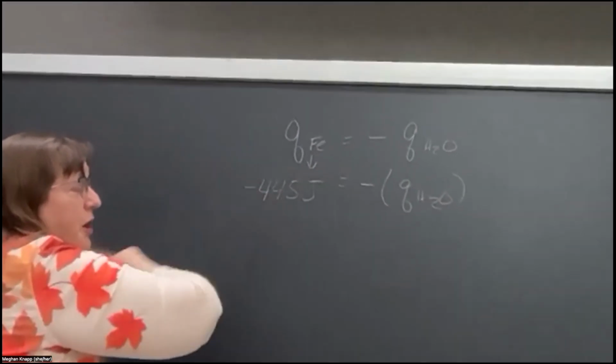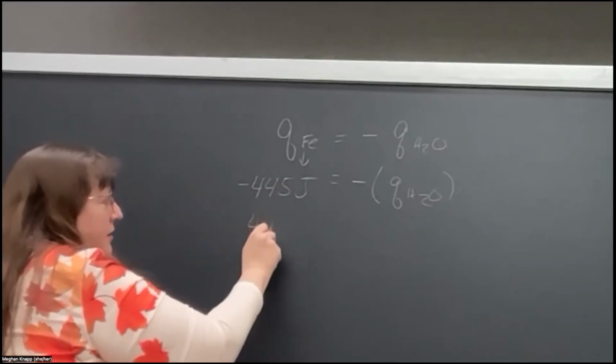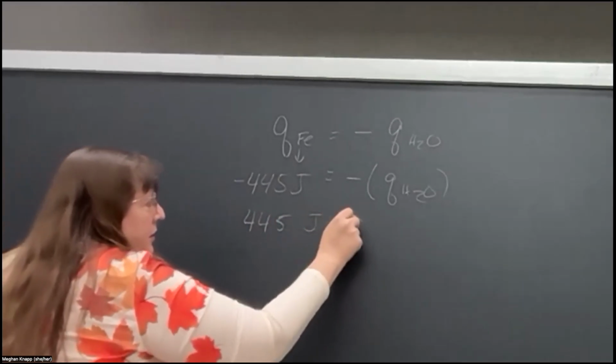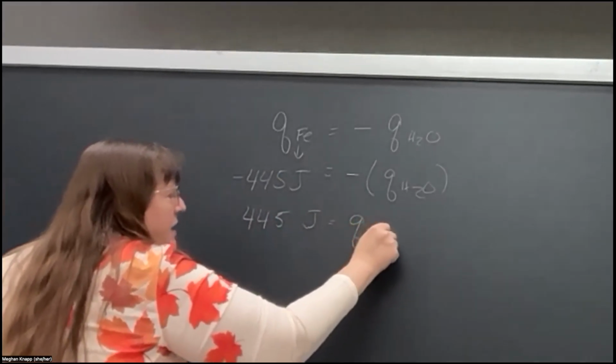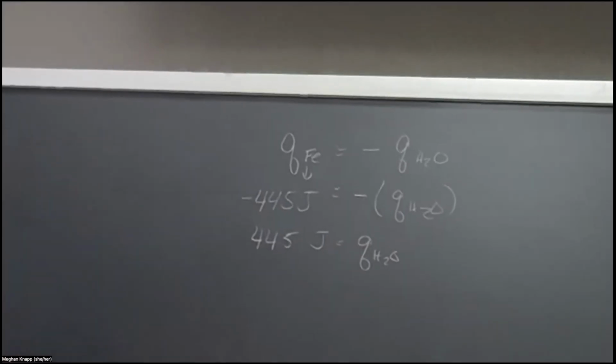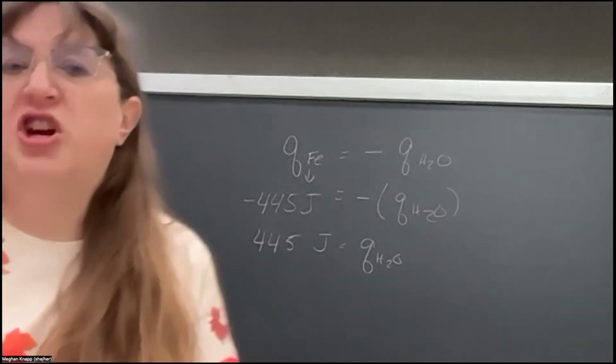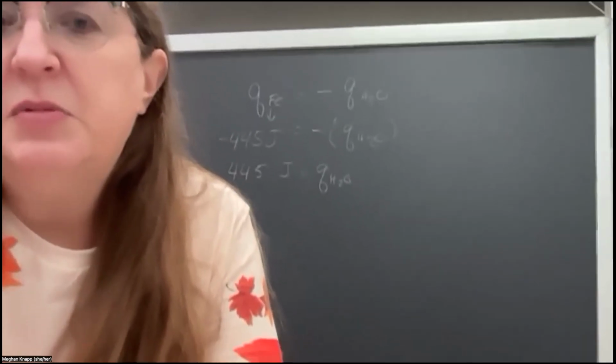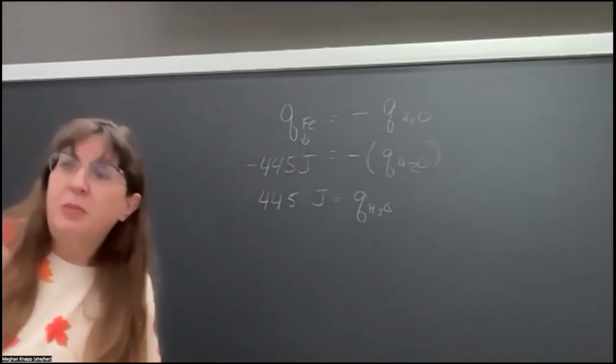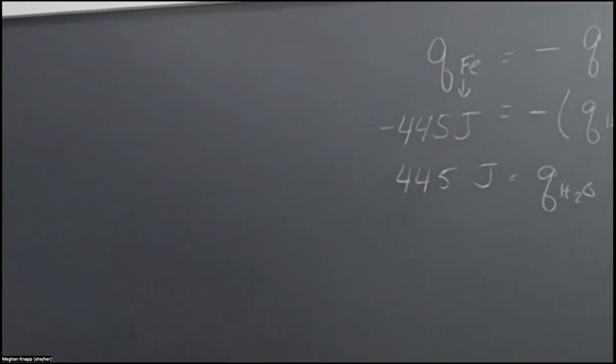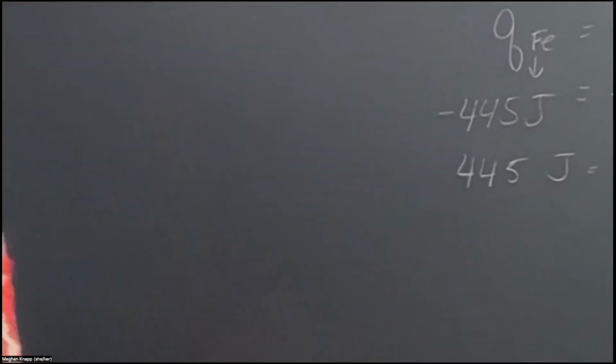So we can multiply both sides by -1. The Q of the water is the positive. Or you can think of it as just you change the sign. But a lot of times people look at that and they're like, oh, it's supposed to be a negative number. No, it's not supposed to be a negative number. It's supposed to be the opposite number.